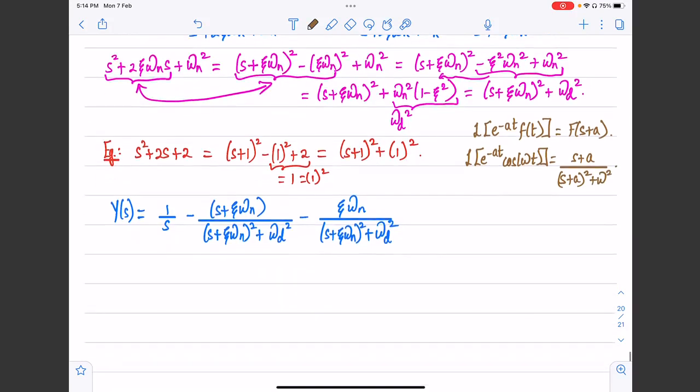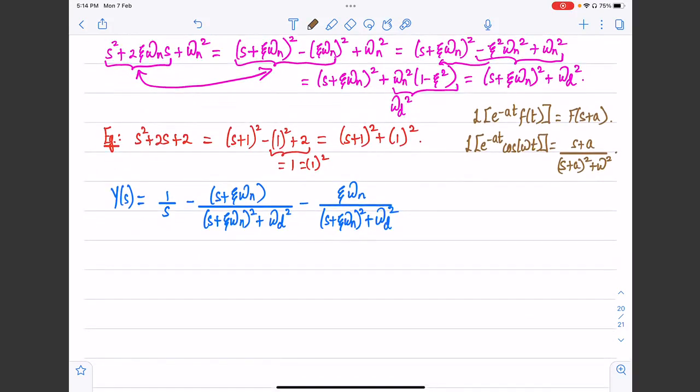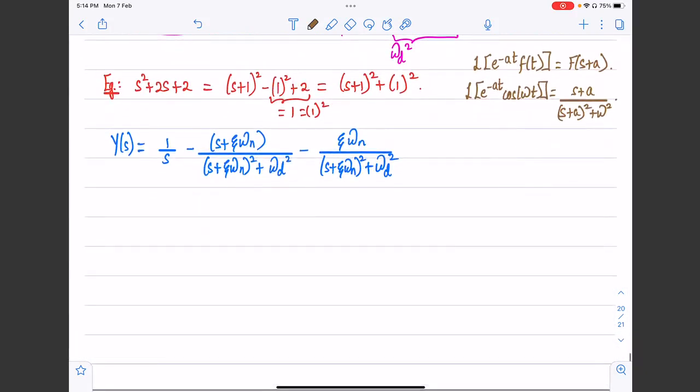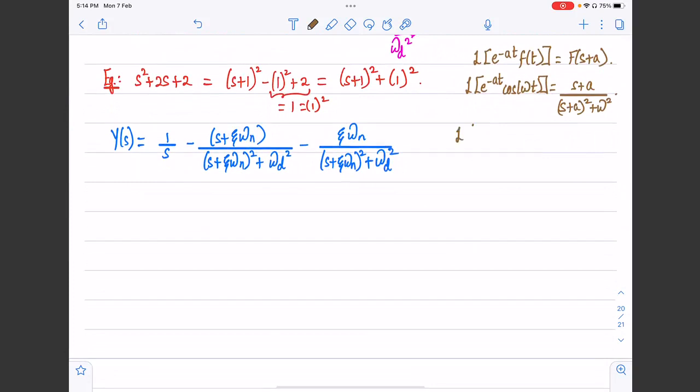Similarly, if I write the Laplace of e power minus at sine omega t, I will get omega divided by (s plus a) whole square plus omega square.